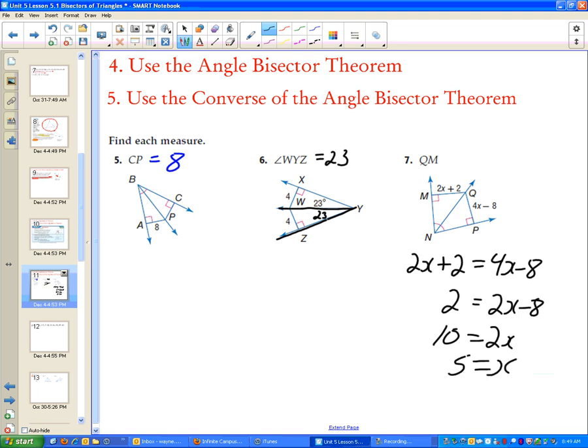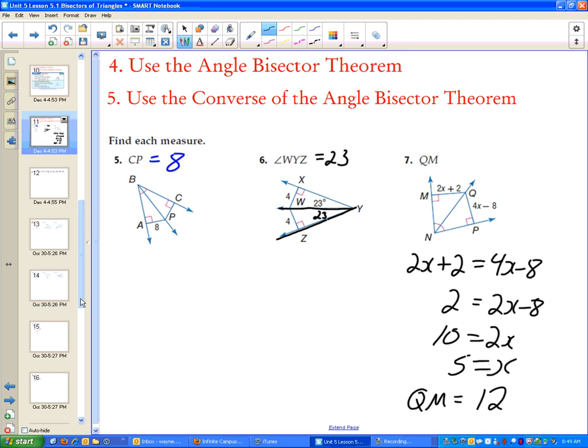I get 5 for x. Is that what you guys got? And then the length of QM would be 2 times 5 plus 2, so I'm getting 12. You getting 12? All right. Any questions?